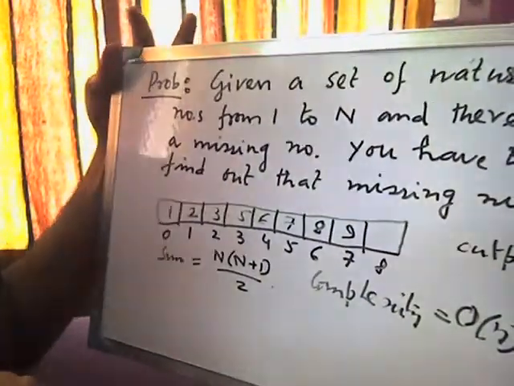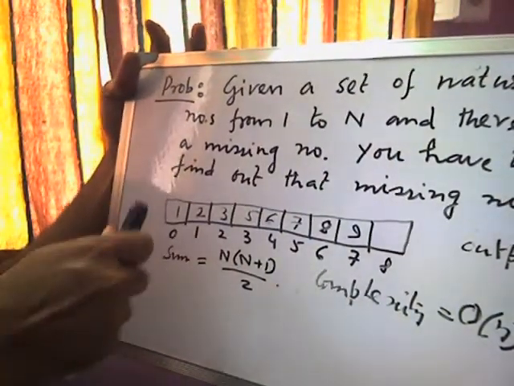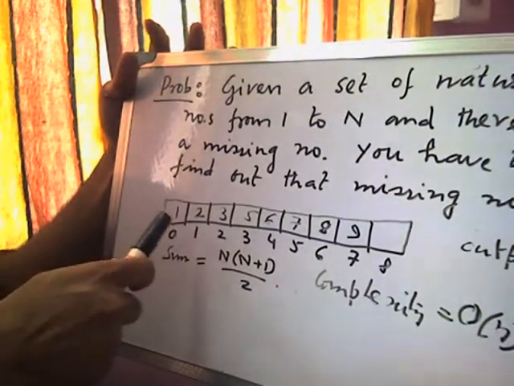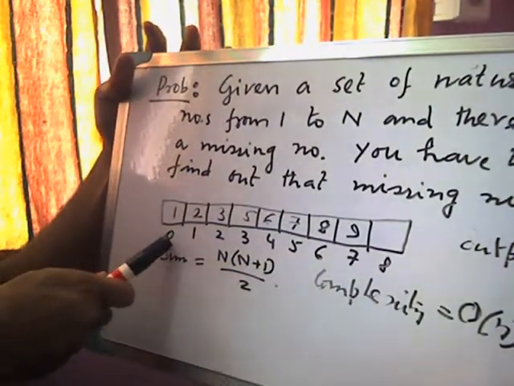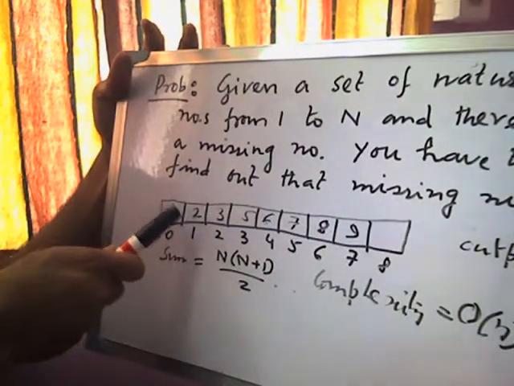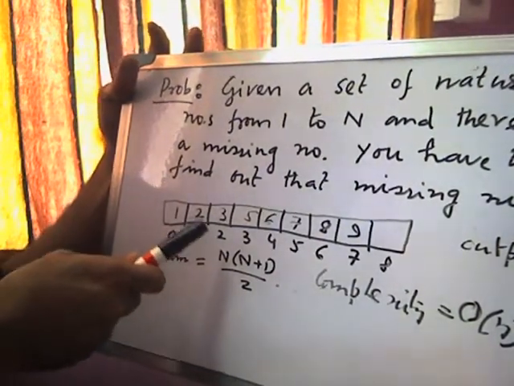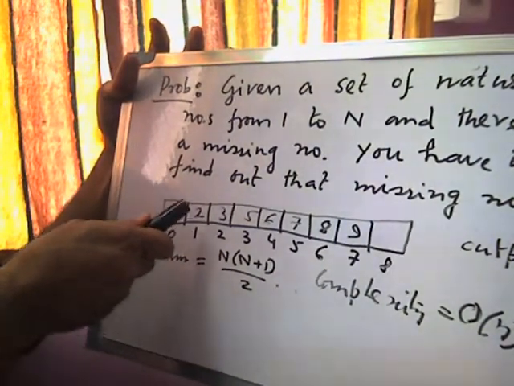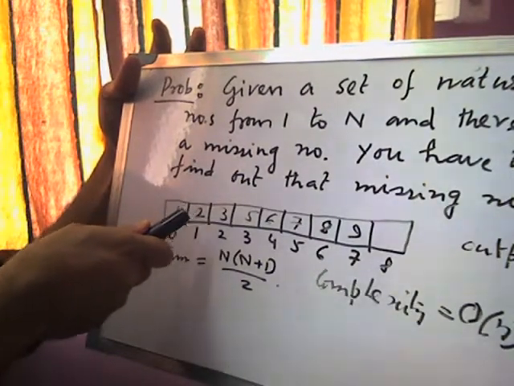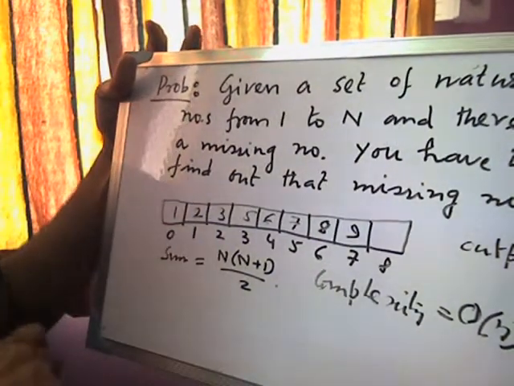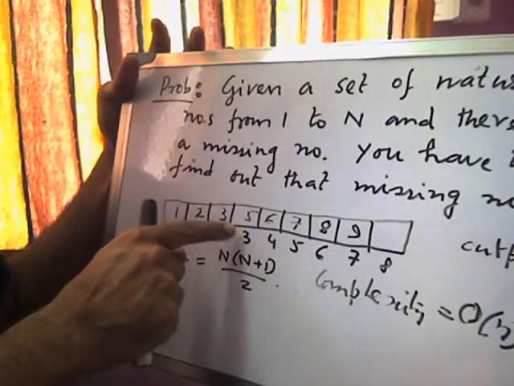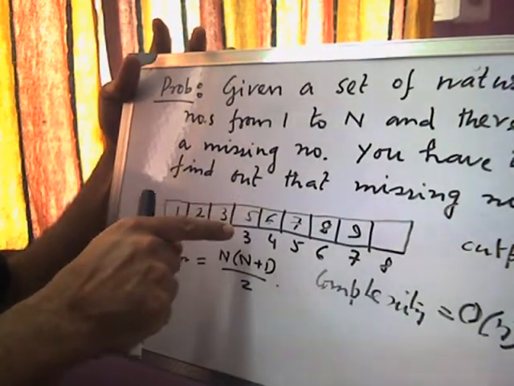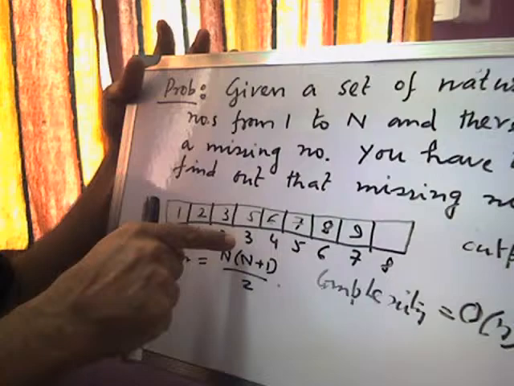Now you see what is the thing when you are doing this binary search. Everything that you see in the 0th place, it is 1. In the 1st place it is 2. That means the number stored is 1 more than the index here. But where the missing number is, that number is 2 more than the index.